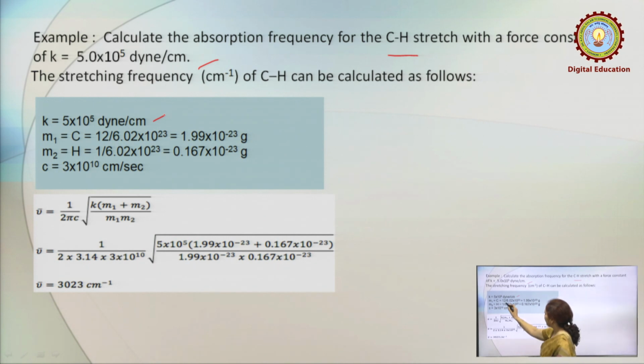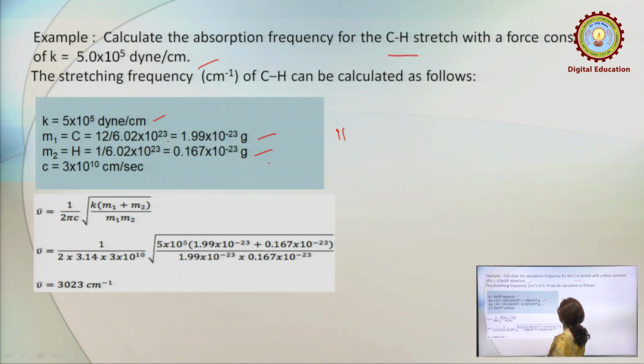Mass of carbon is 12 upon 6.02 into 10 to the power 23, in grams, and for the mass of hydrogen, it is the atomic weight divided by Avogadro's number. Mass of each atom can be calculated with the help of this.